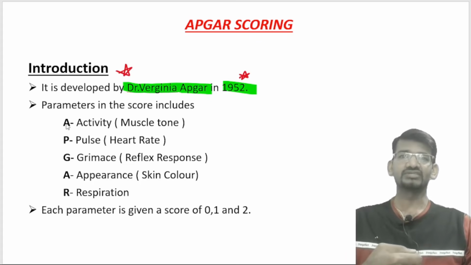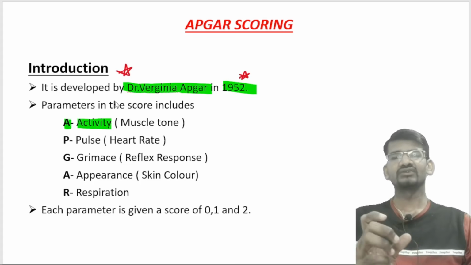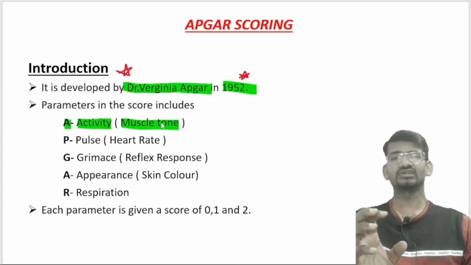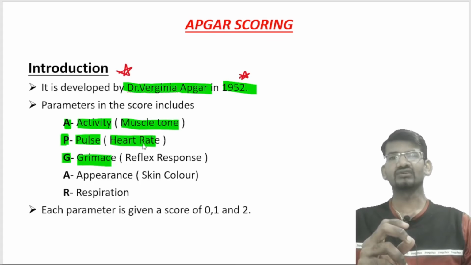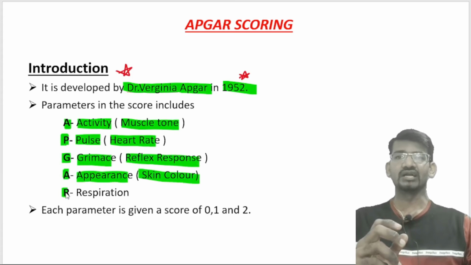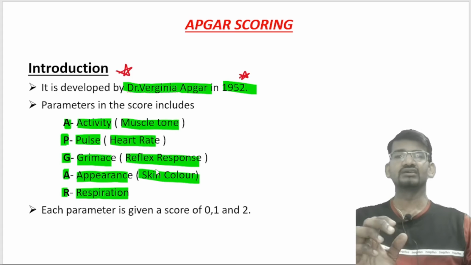A stands for activity, usually assessed by noting the muscle tone. Then P stands for pulse or heart rate, and G stands for grimace or reflex response. Then A stands for appearance, usually identified by noting the skin color, and R stands for respiratory effort.